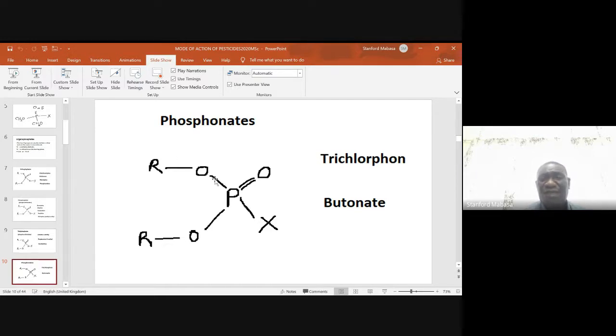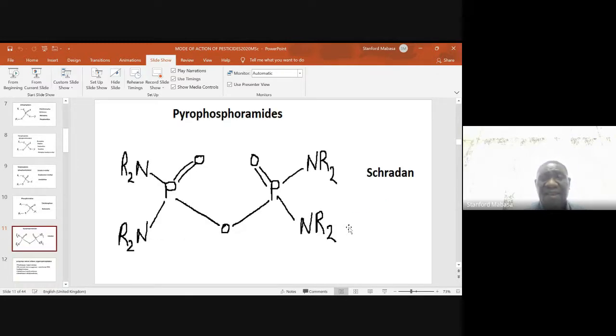These are phosphonates, and we've got examples like trichlorfon and butonate. These are the 2 examples. And the last one has this structure.